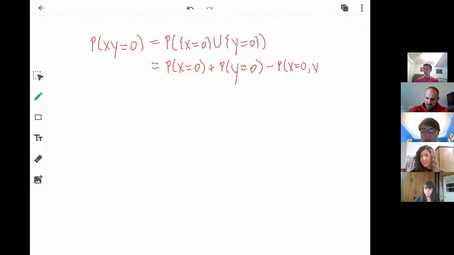The probability that they're both 0. Since x and y are independent, what's that going to be? Well, the product of those two. Know what I mean? Yeah?